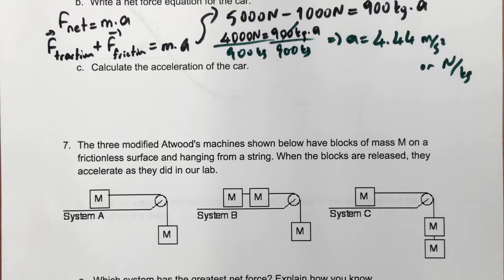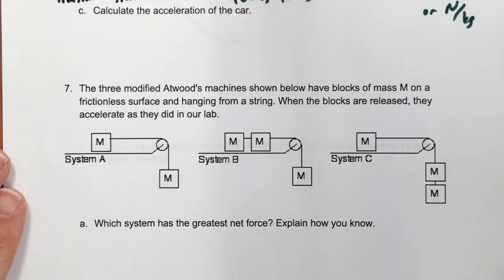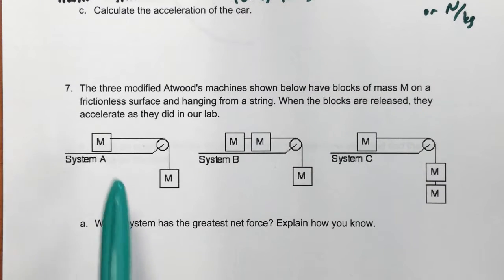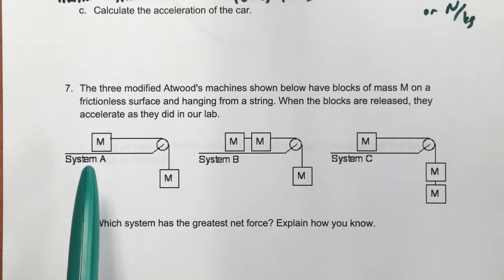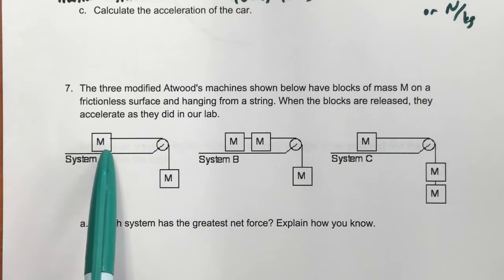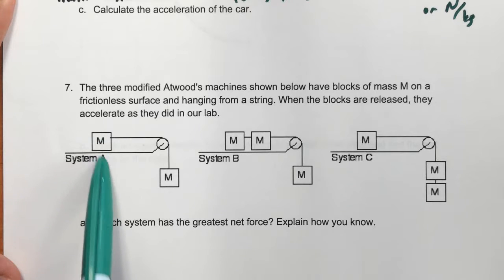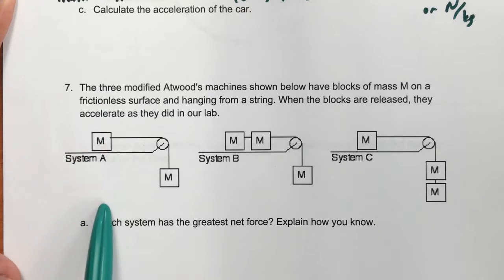So question number 7. The 3 modified Atwood machines shown below have blocks of mass m on a frictionless surface, there is no friction, hanging from the string. When the blocks are released, they accelerate as they did in our lab. Okay, so let's look at the system, guys. When you make a force diagram for this object, all the forces are in the vertical direction, right?